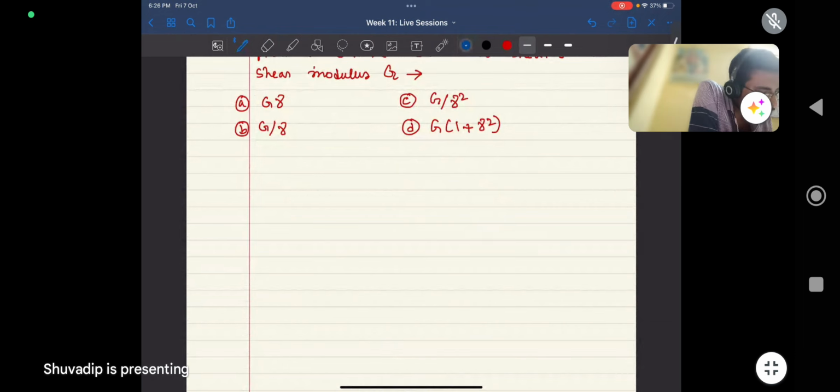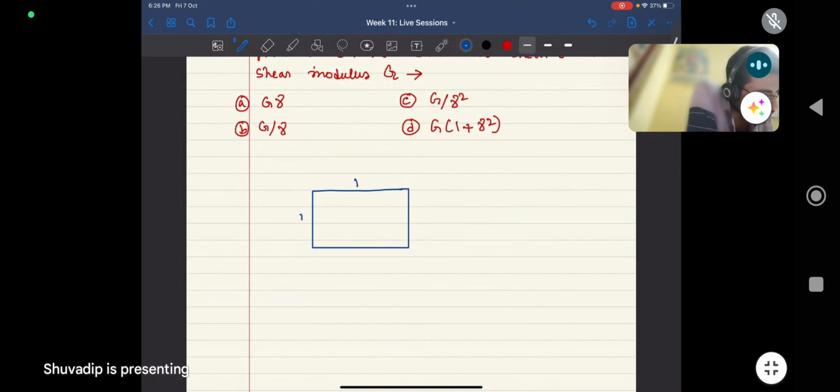Suppose there is this box of unit side. This side is 1, this side is 1.